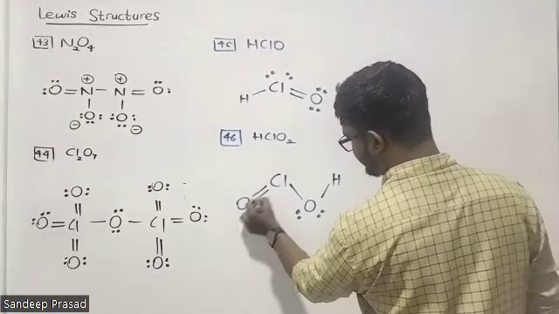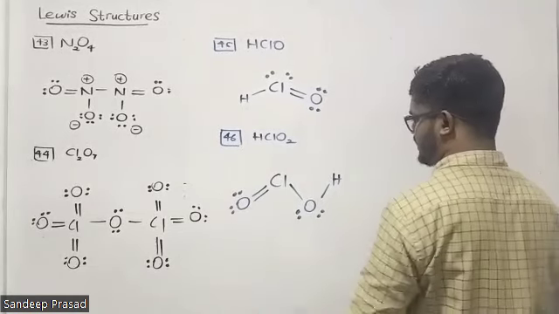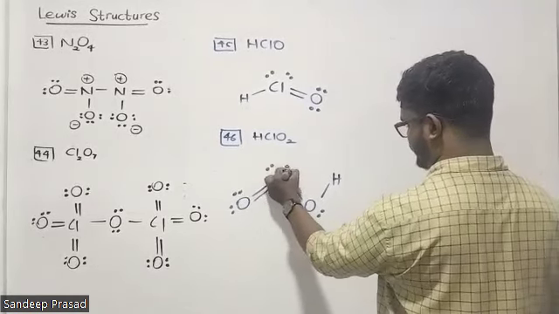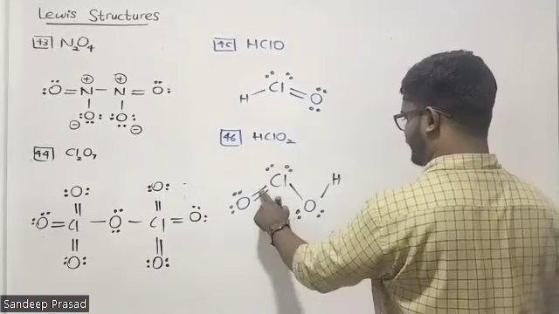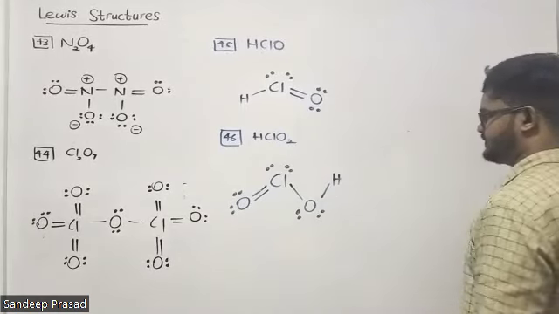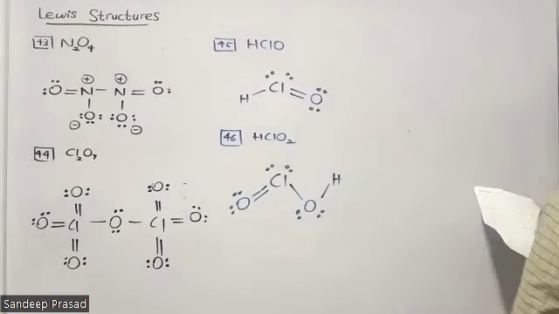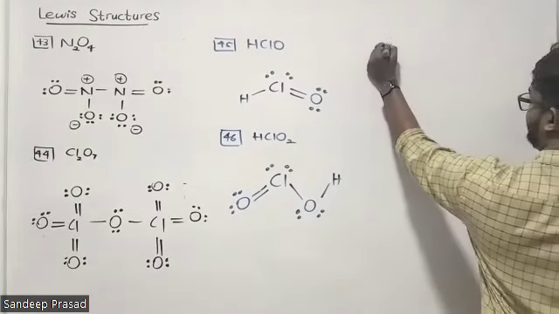In order to neutralize this oxygen, let me put a double bond and 2 lone pairs. Then you can put 2 lone pairs on chlorine. Why? 1, 2, 3, 4, 5, 6, 7 valence shell electrons are okay. HClO2. Number 47.